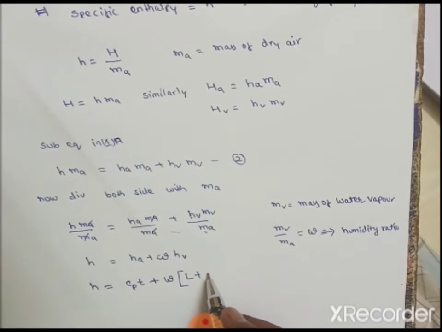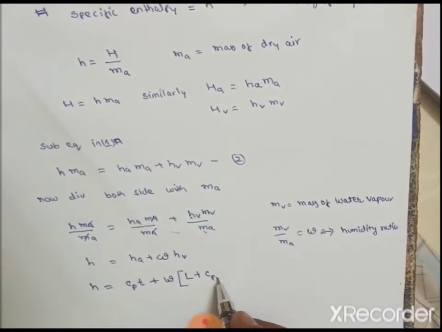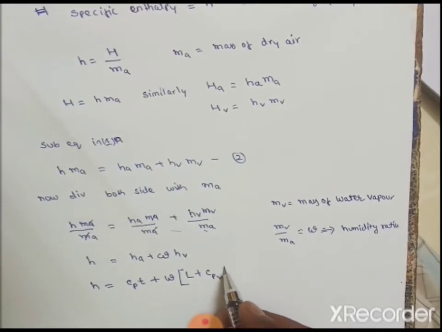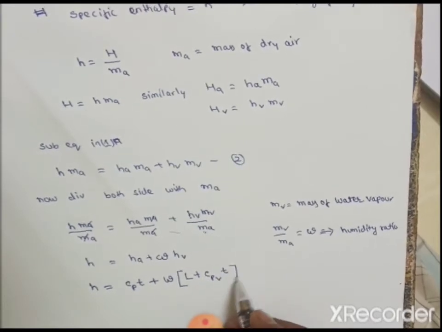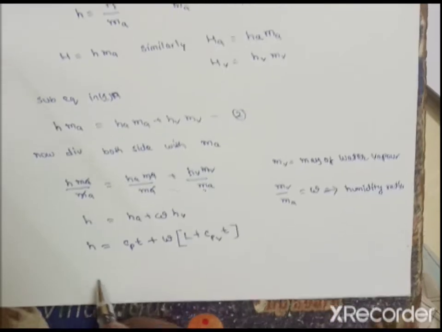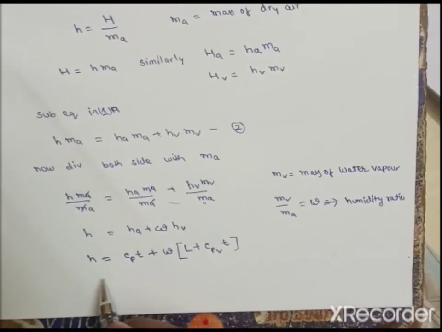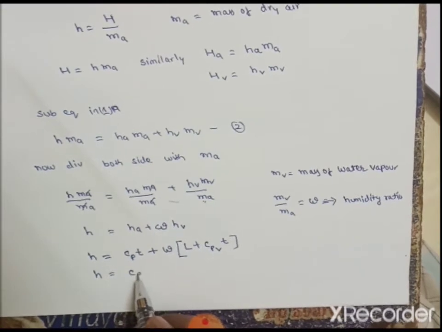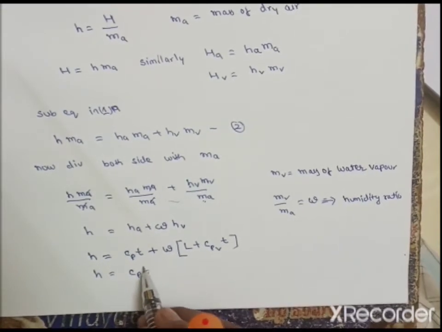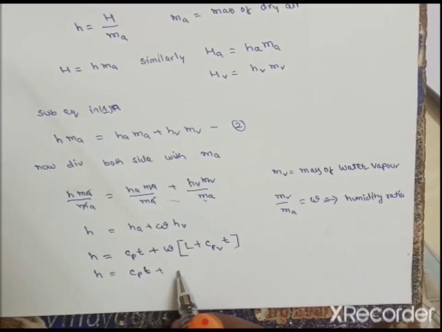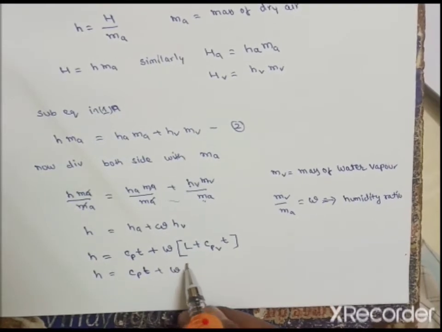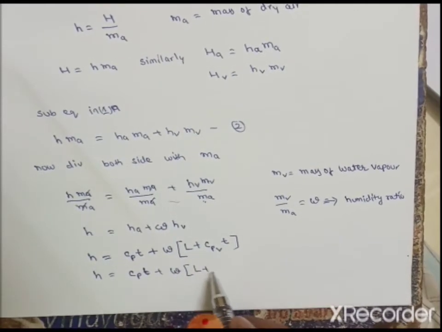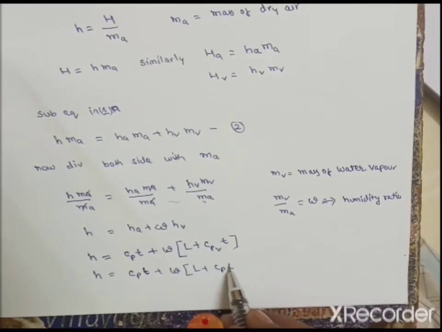The sensible heat is Cp, the specific heat at constant pressure of the water vapor, times the temperature T. So ha is equal to Cp T. Similarly, hv is written as L plus Cp T.